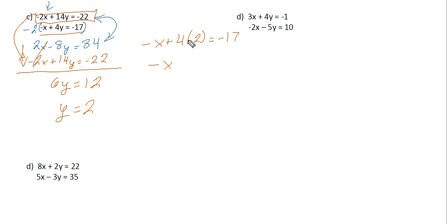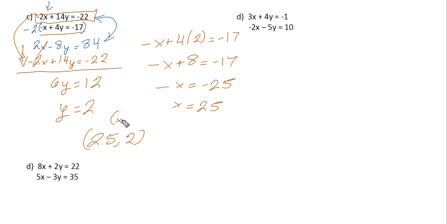So now we're going to solve. 4 times 2 is 8. Subtract 8. We get negative 25. Divide by negative 1. We get 25. Then from there, we can just write the solution as an ordered pair. So we get 25, comma 2. Remember, for that ordered pair, it's x, comma y. So we have to remember to put that x first.